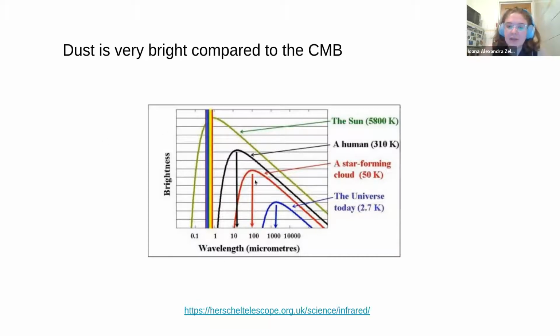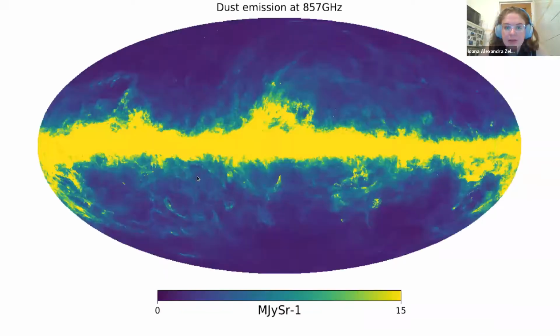As you can see between the red curves and blue curves here, it is much brighter, but a bit shifted compared to it. This is a map from the Planck satellite of the 857 gigahertz frequency band. A satellite like WMAP and Planck maps the entire sky at chosen frequencies, but very few frequencies.